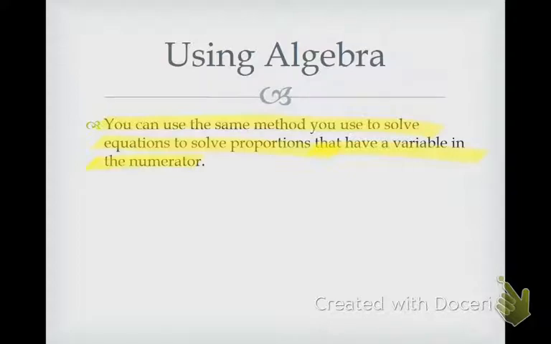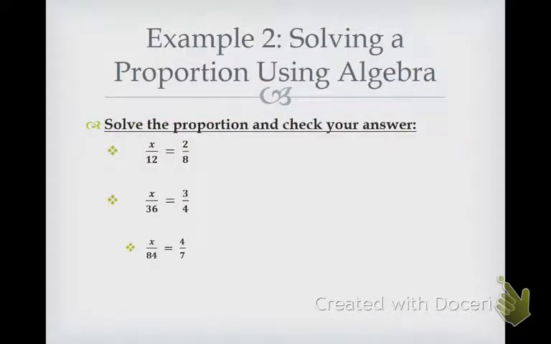You guys remember me saying that like a million times before, in first semester? Yes. So whatever number is connected to the variable. So let's look at this first one right here. What number do you see here that's connected to the variable? 12. It's in the same ratio as the variable.